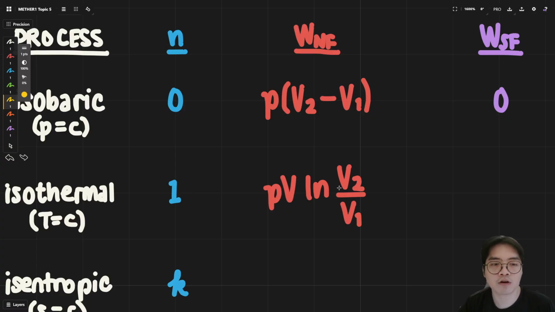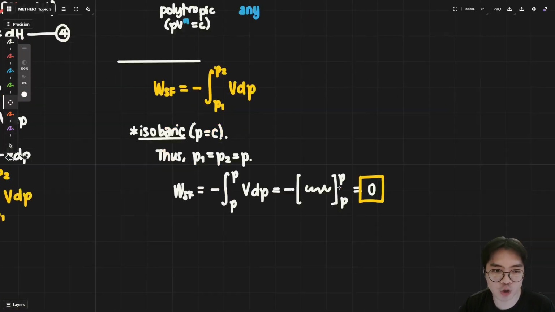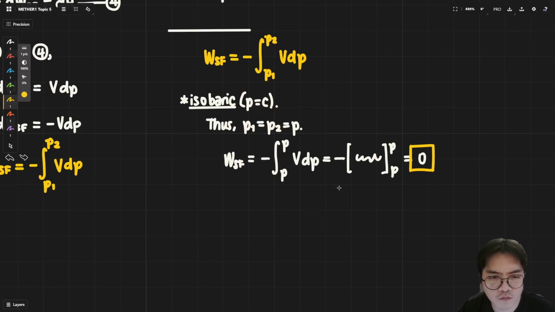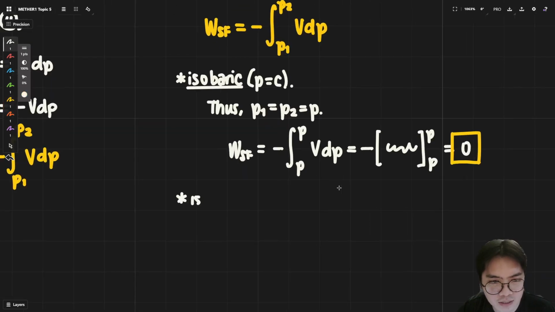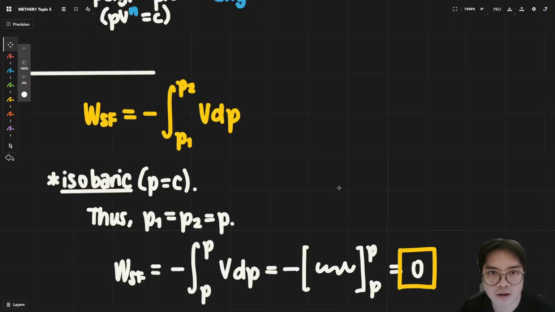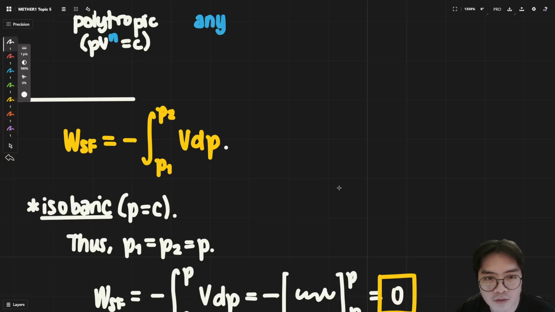Now, for isothermal processes, let's try to find the work steady flow. For an isothermal process, temperature is constant. Basically, we will manipulate PV raised to N is equal to constant.